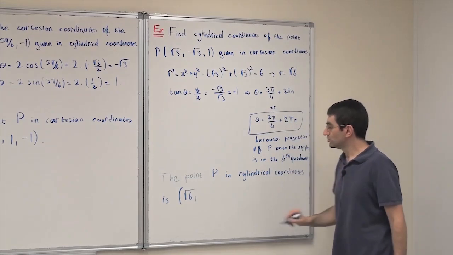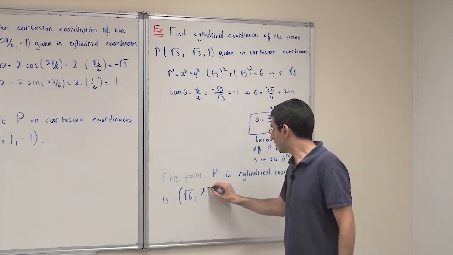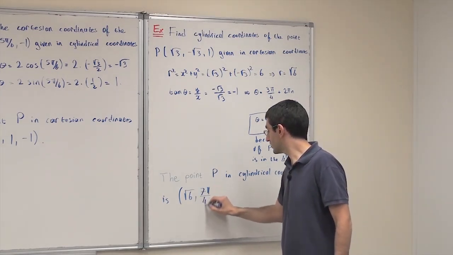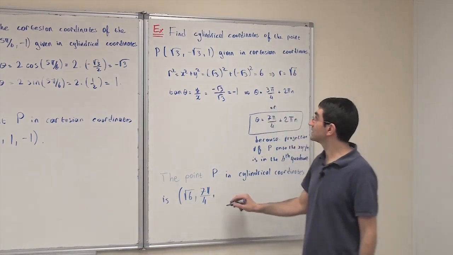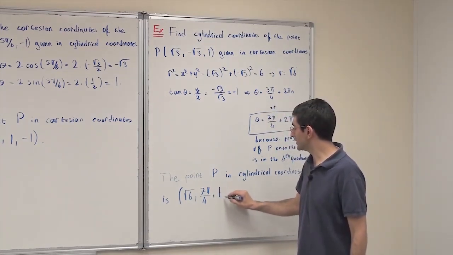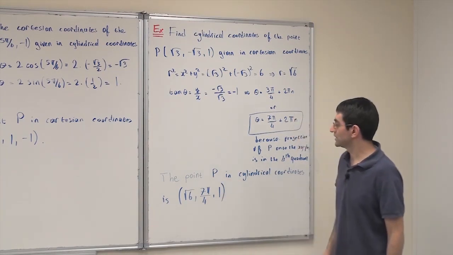Now, I can choose 7 pi over 4, and the z coordinate is still the same as in Cartesian coordinates, which is 1.